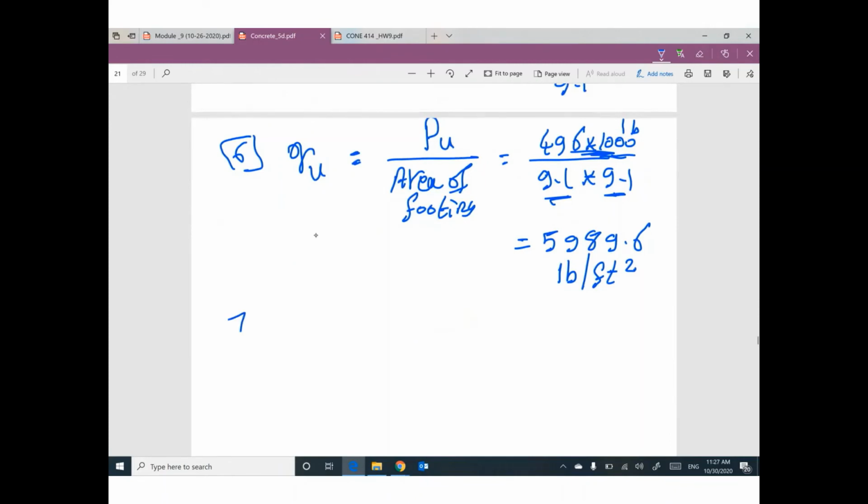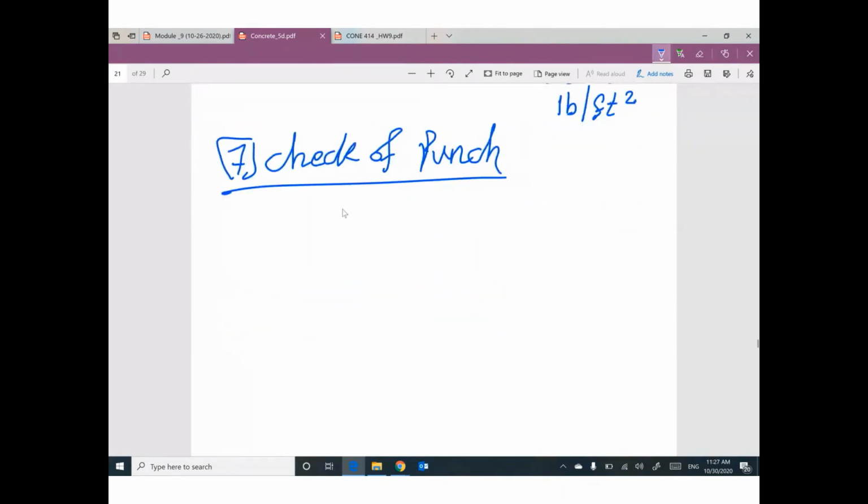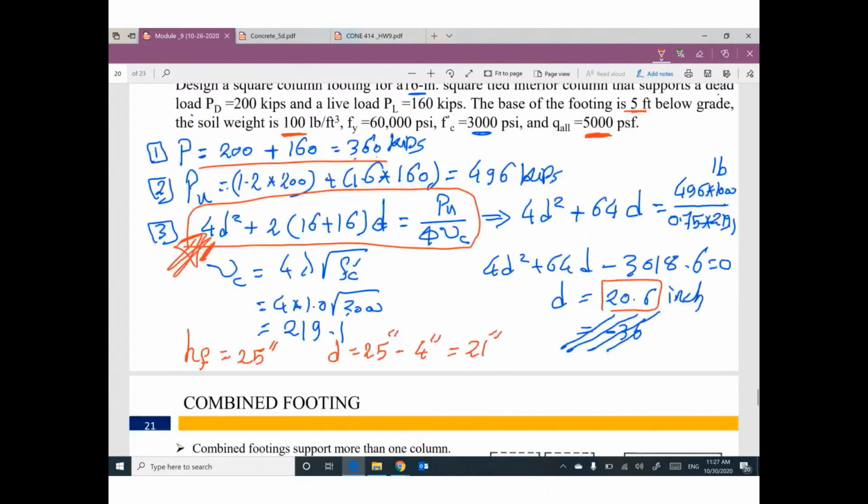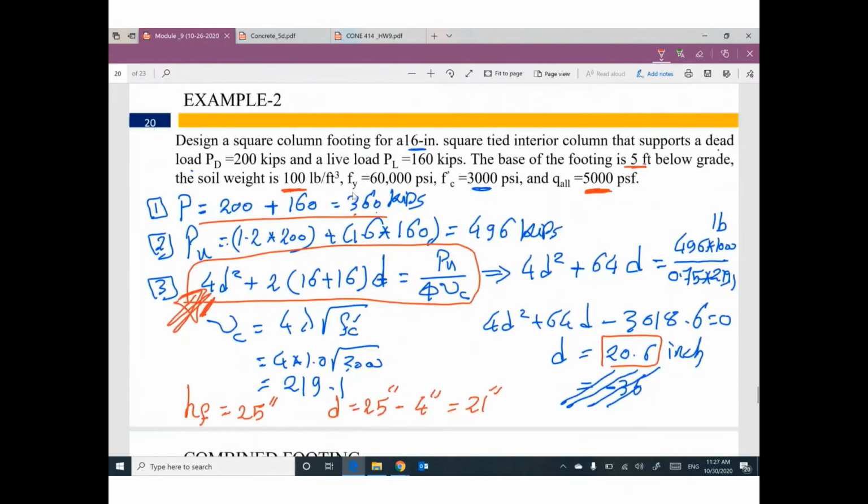We need to check punch. Very easy. Here is the footing. Here is the column. Guys, can you remind me what is the dimension of the column? 16 times 16.